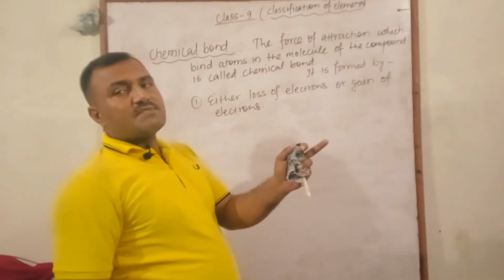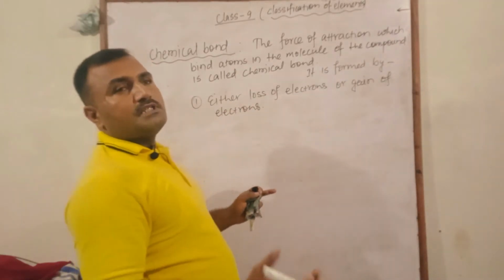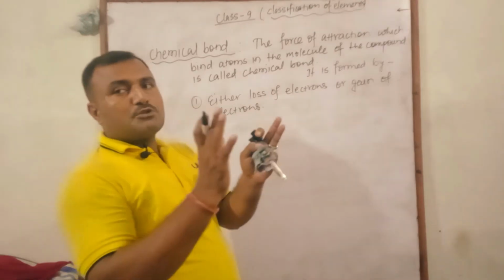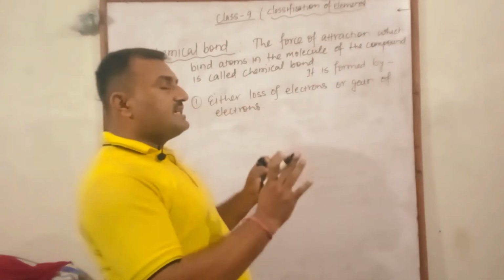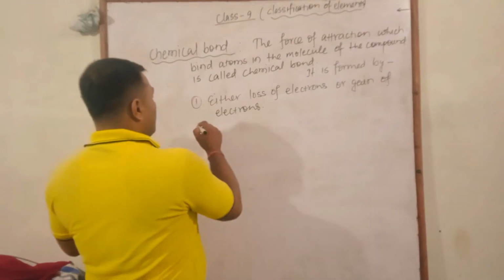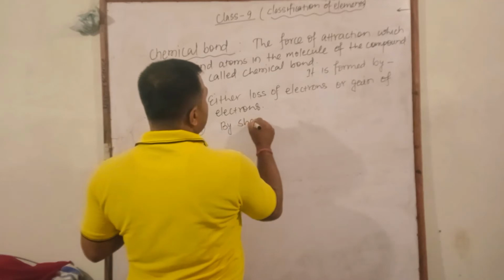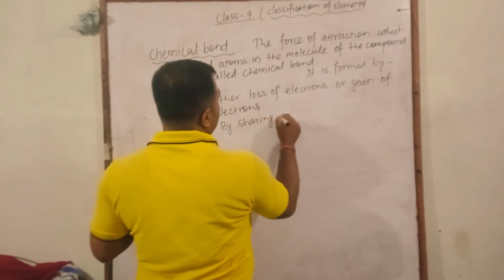In this way, transfer of electrons from one atom to another causes an opposite electrostatic attraction force to develop. That force is known as chemical bond. Another way is by sharing of electrons.